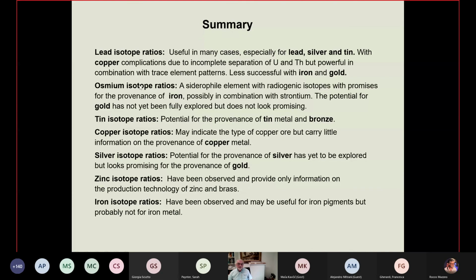We have osmium isotope ratios, which are very useful for the provenance of iron, tin isotope ratios with potential, copper isotope ratios, not so much for the provenance of the copper, but for the type of ore deposits that is used, silver isotope ratios similarly, and I would not talk about zinc and iron isotope ratios, but maybe they will come. So thank you very much.